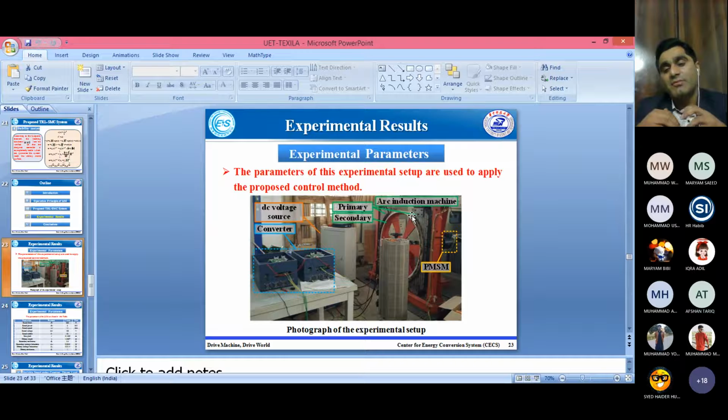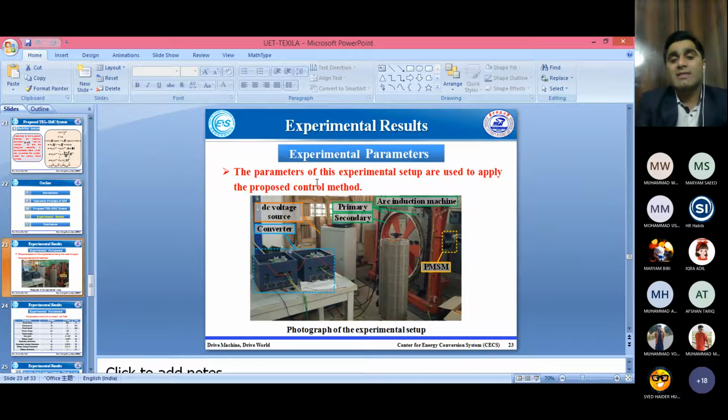We don't have much space in the laboratory to make a whole linear machine, but we can make an arc. This arc induction machine resembles the linear induction machine, and we apply our proposed control strategy on this practical prototype to check and validate our designed control method.